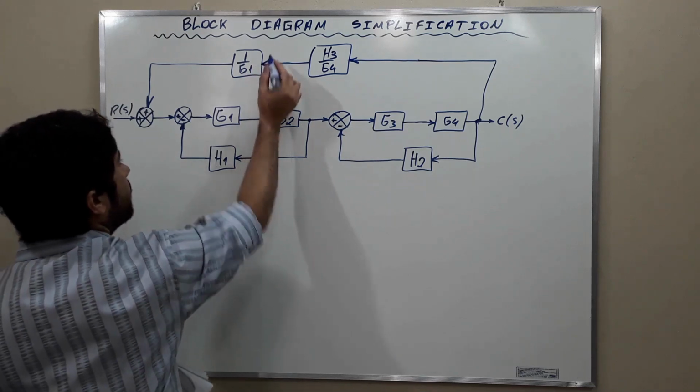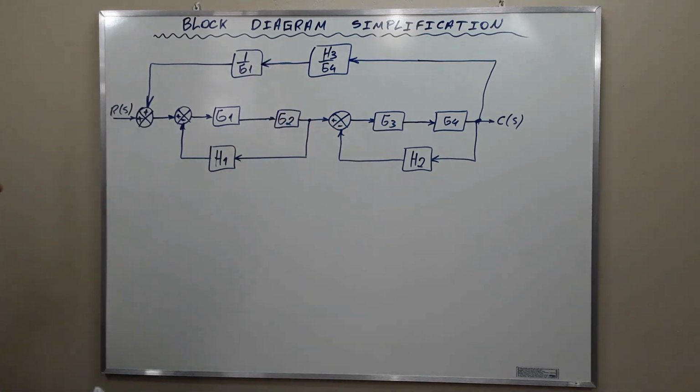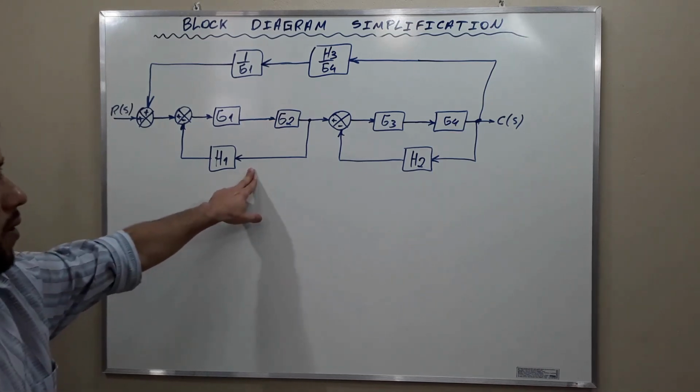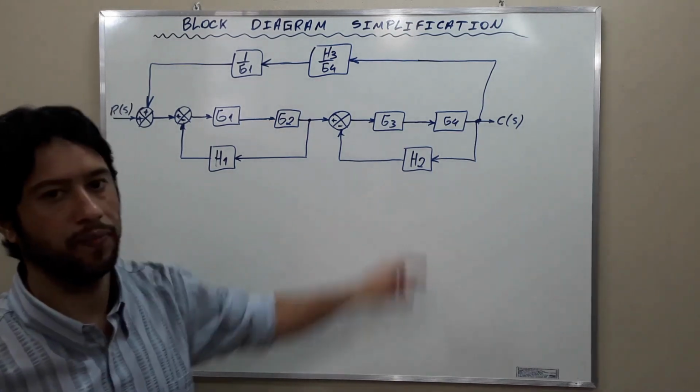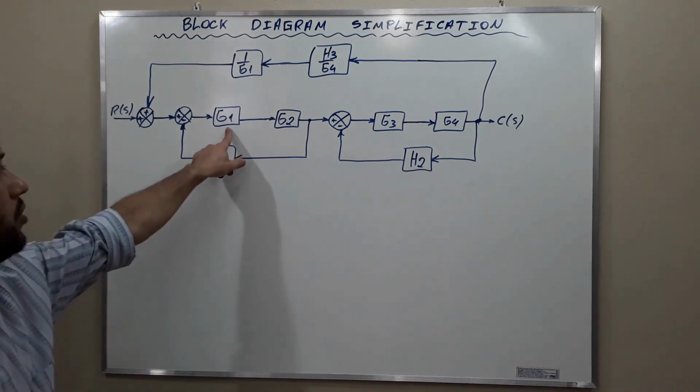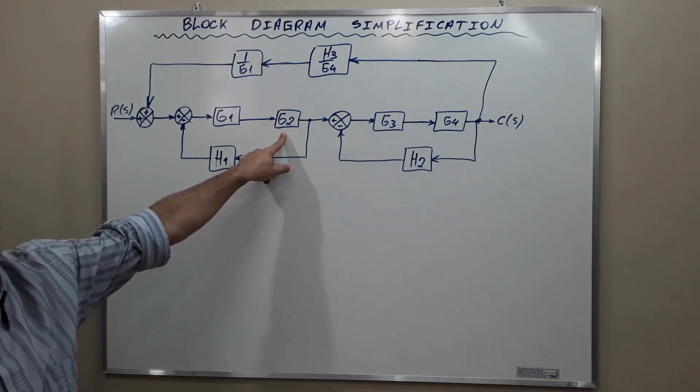Alright, this is the first move that we can make. And now we will work on these feedback loops here, and here. What can we do? First of all, we multiply G1 by G2.